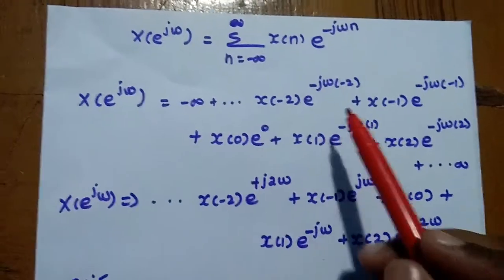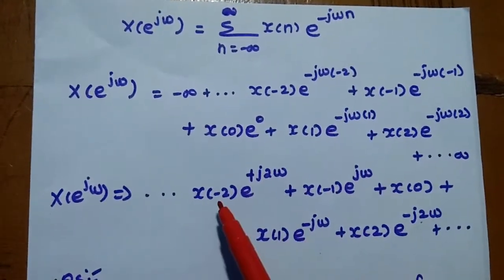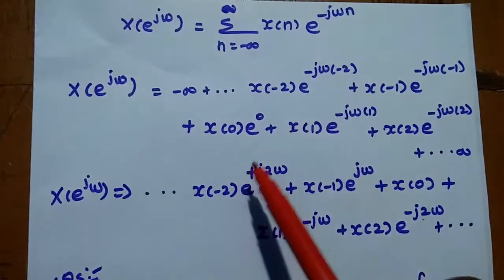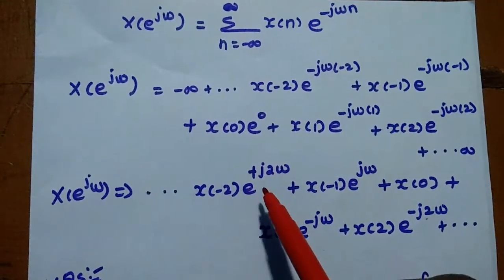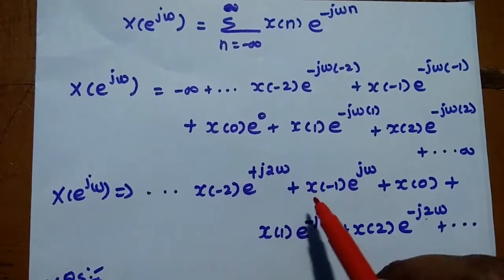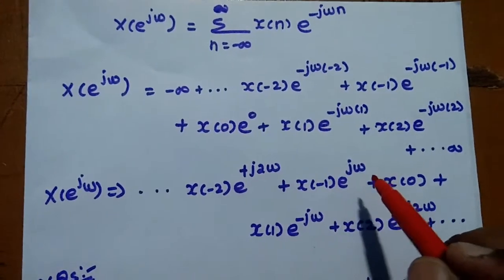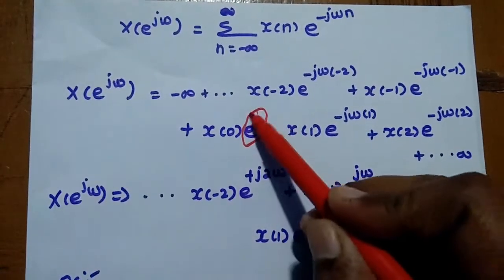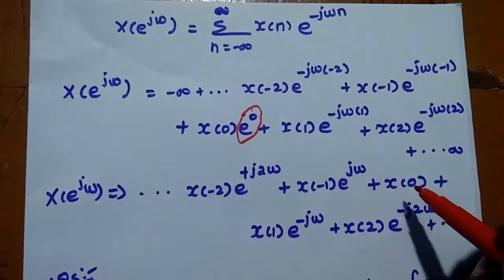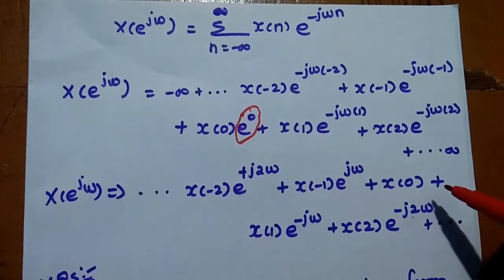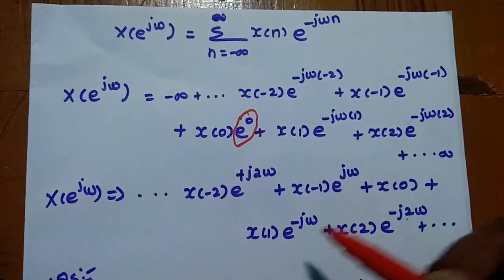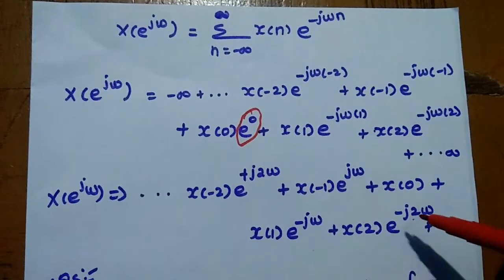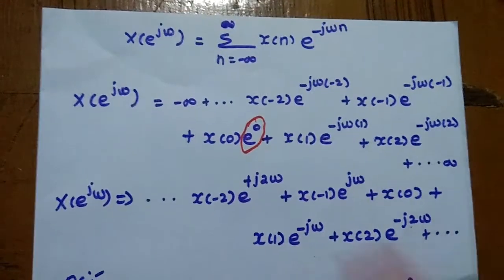So I can rewrite this expression like this. X of minus 2 e power plus j2 omega plus x of minus 1 e power plus j omega plus x of 0. Here e power 0 becomes 1. Okay, so x of 0 plus x of 1 e power minus j omega, x of 2 e power minus 2j omega till the infinity.